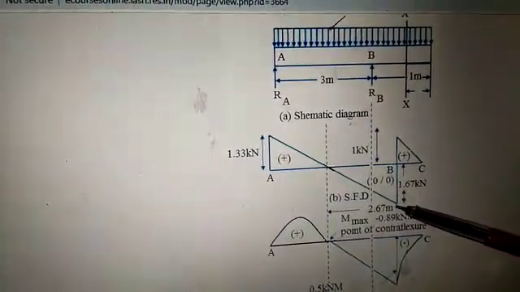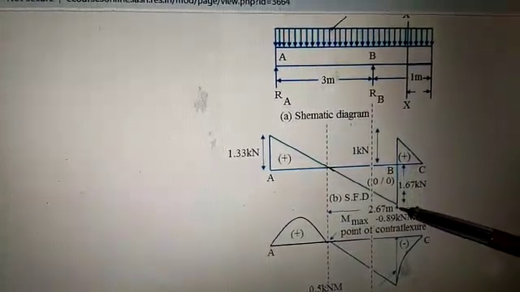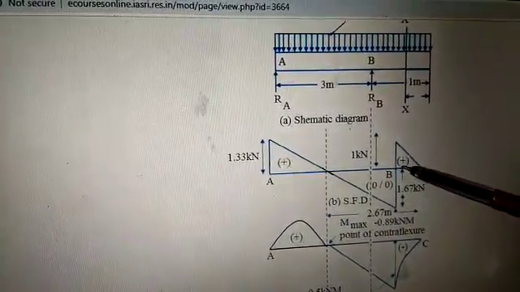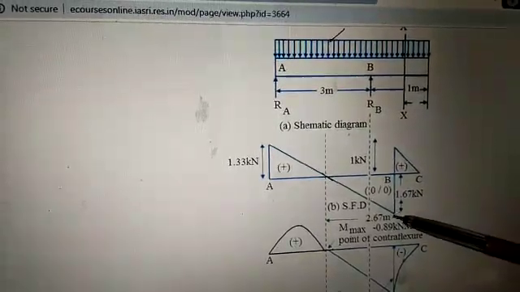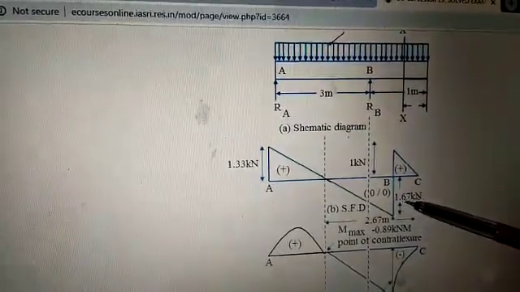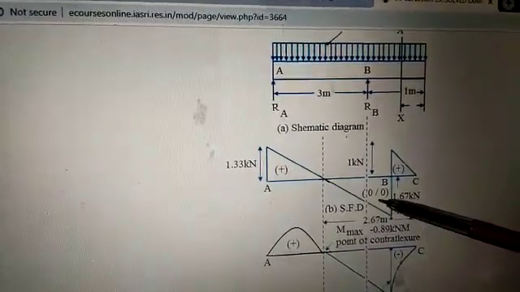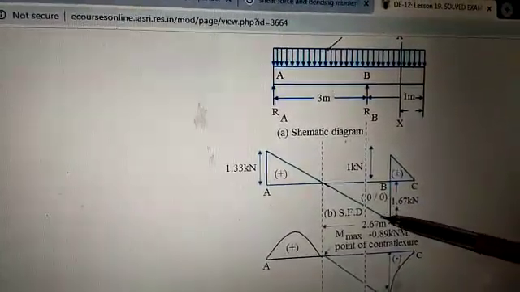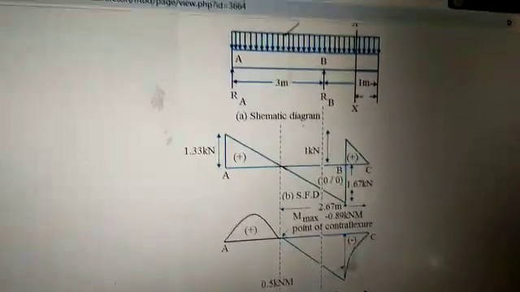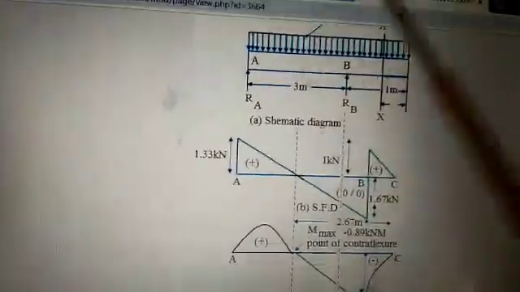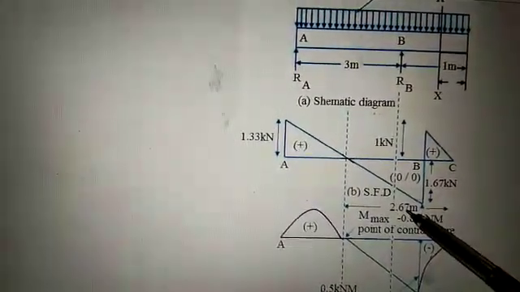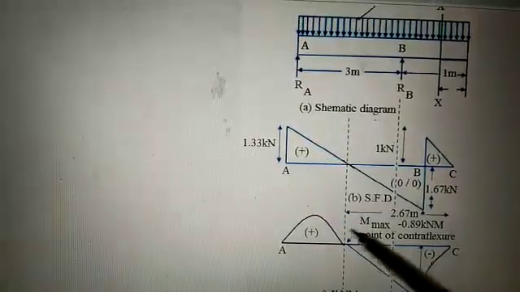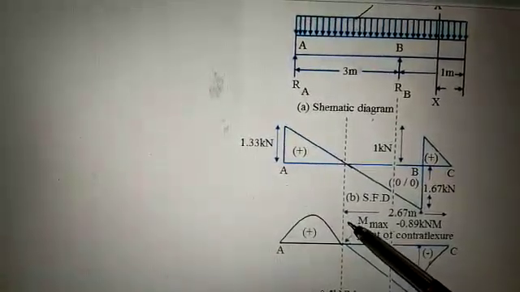Then in between, we obtained the value of the shear force as 1.67. As we have calculated, the shear force is 0 at a distance of 2.67 meter from C, where the value at C is 0.